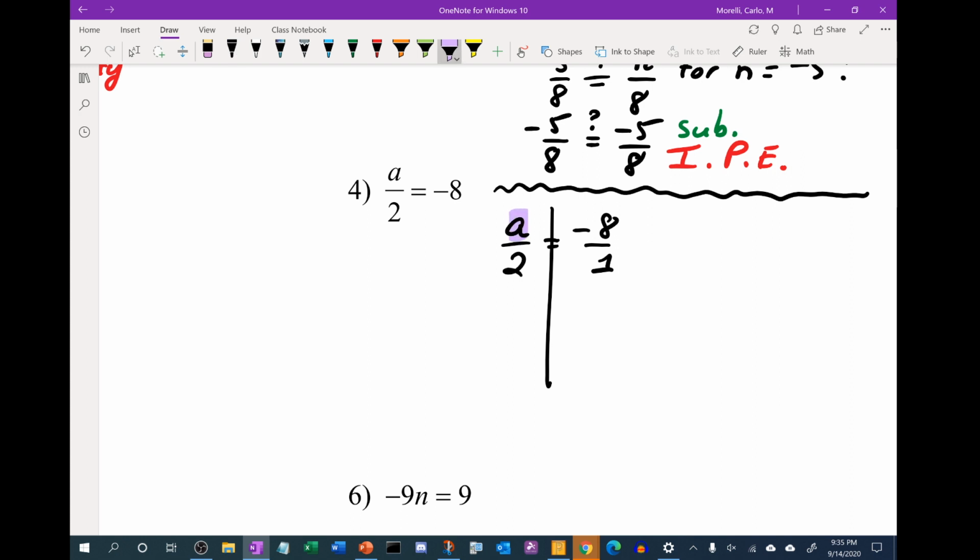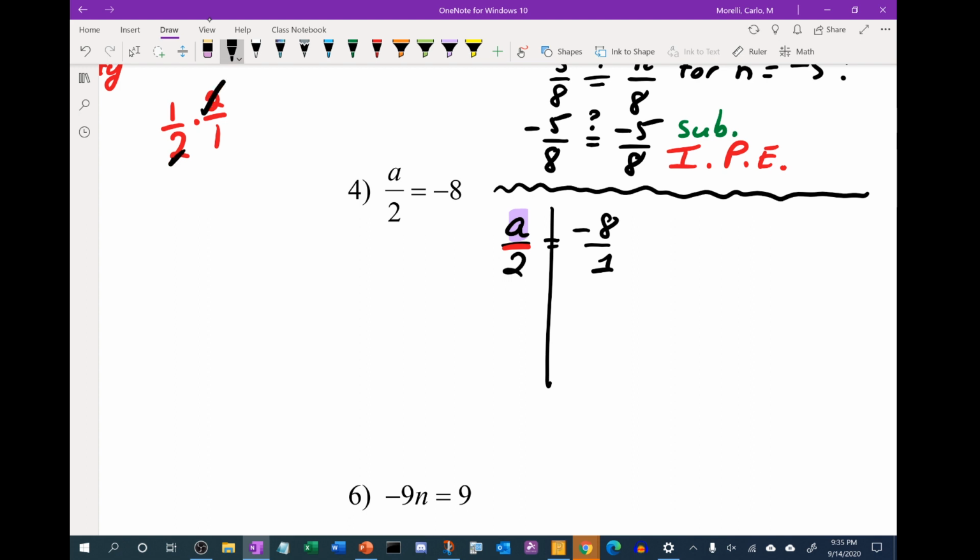A is on the left side this time. Right now, A is being divided by 2, so I want to do that inverse operation. The inverse of division is multiplication, plus I want to invoke the reciprocal rule. Right now, I've got 1 over 2, okay? Well, to get rid of the 2 on the bottom, I need to multiply by 2 over 1, which is the definition of the reciprocal.